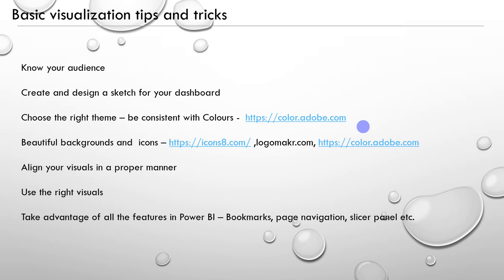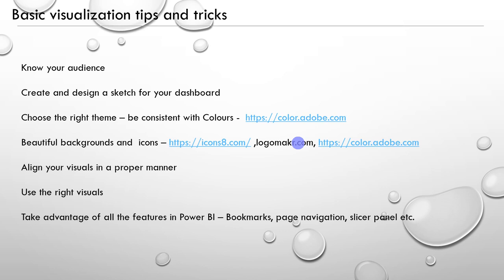Backgrounds are very important. As I showed you in the previous video, you saw the difference between those two reports. So background is very critical. Icons also give that extra level of beauty and help explain your report better. Icons are critical also. You can get your icons from icons8.com, logomaker.com, and remixicons.com.